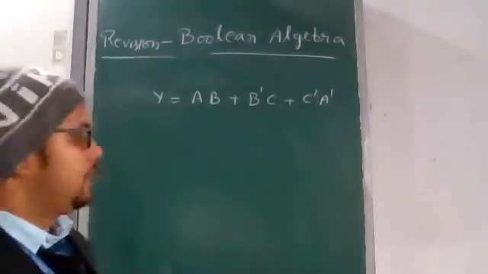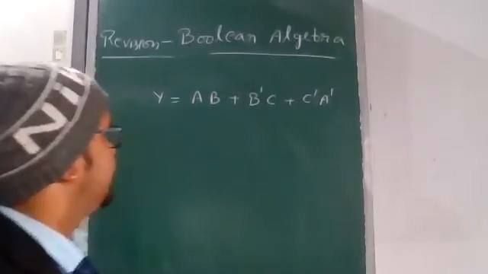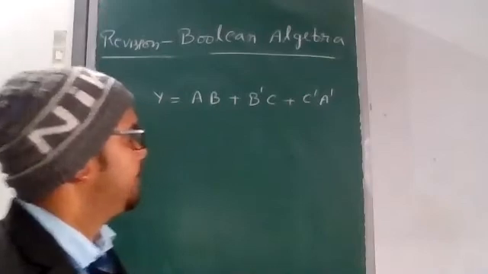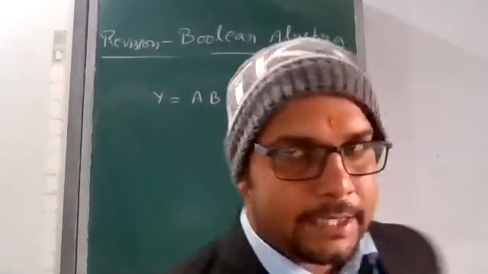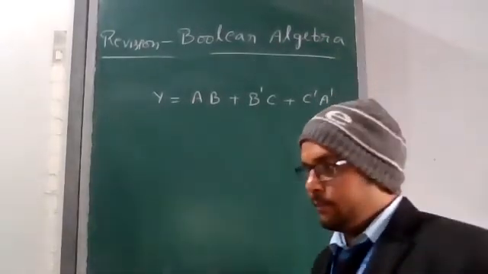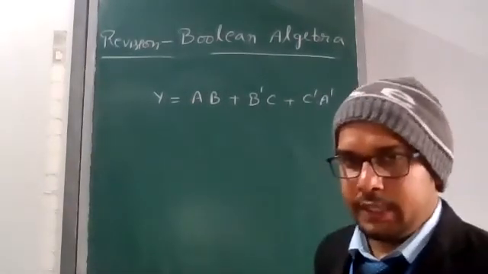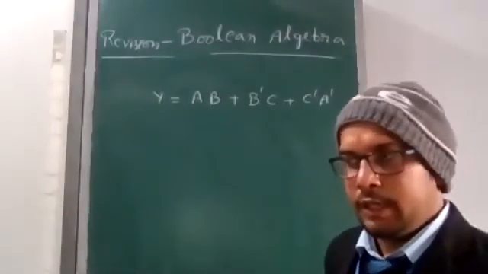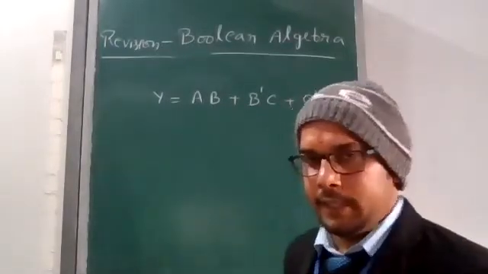Question is draw the logic circuit diagram for this expression, for this function. To make circuit diagram, here you have to use gates. So in Boolean algebra chapter, we have AND gate, OR gate, NOT gate, NAND, NOR, XOR or XNOR. These many gates are available here.